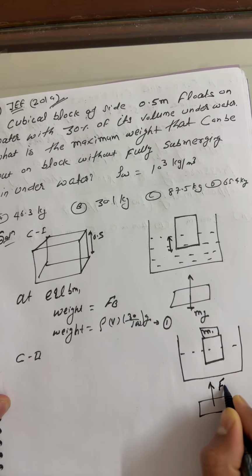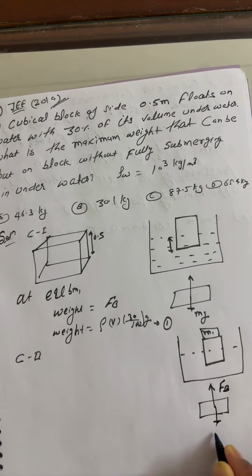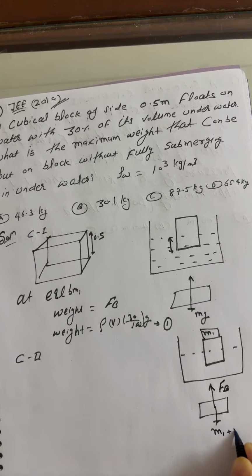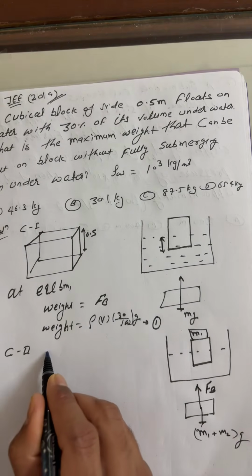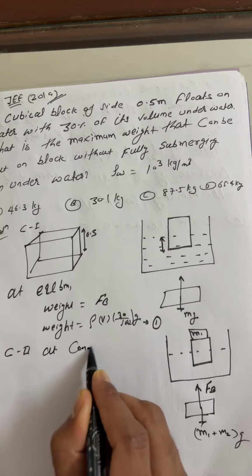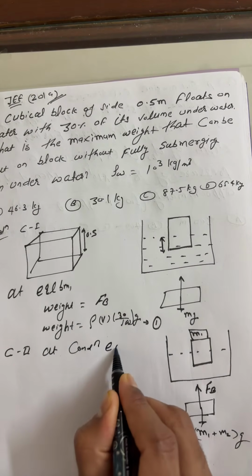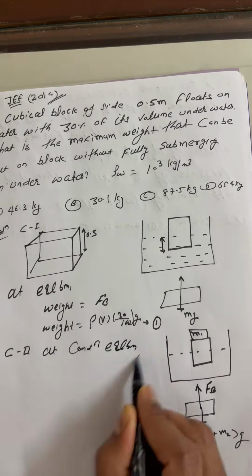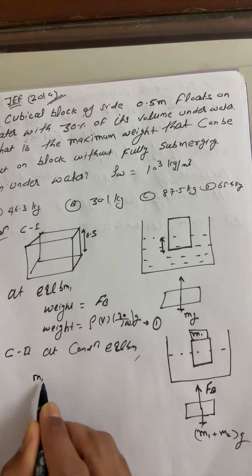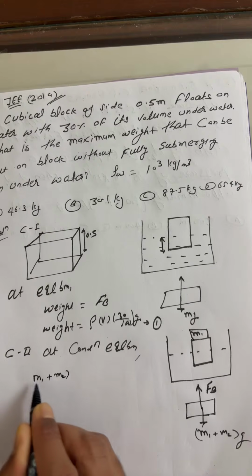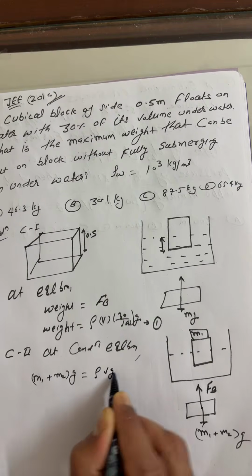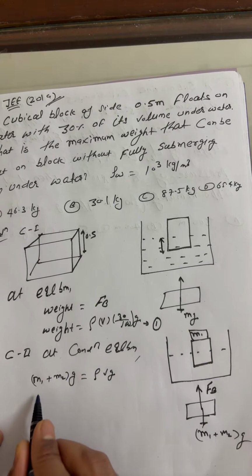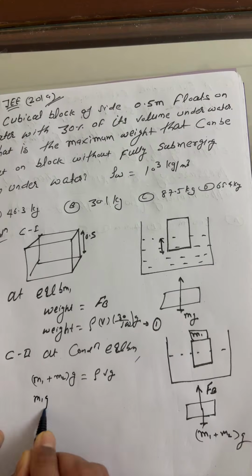So this is basically the buoyancy force, and the weight here is M1 plus M2 into g. Simple, just equate at equilibrium. M1 plus M2 into g equals rho Vg, because the liquid remains the same.